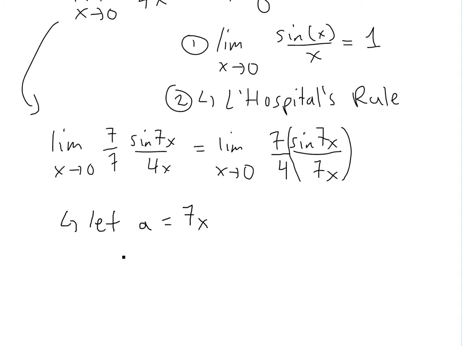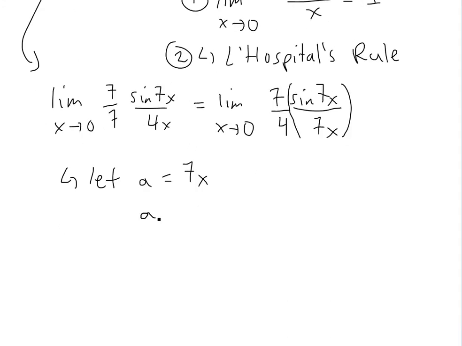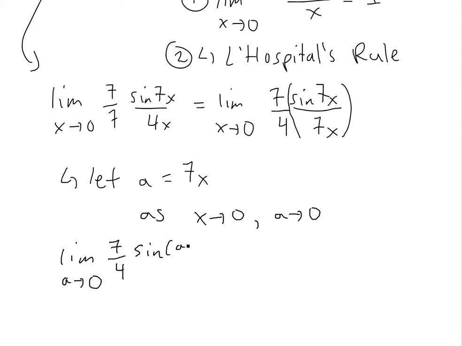As x approaches 0, a is also going to 0, so that's the only thing we change. So the limit as a approaches 0 of 7 over 4 times sine a over a.